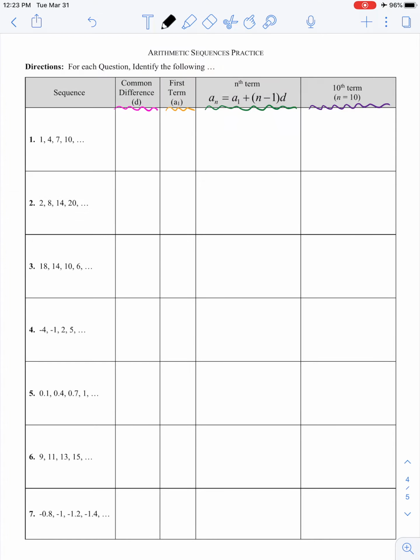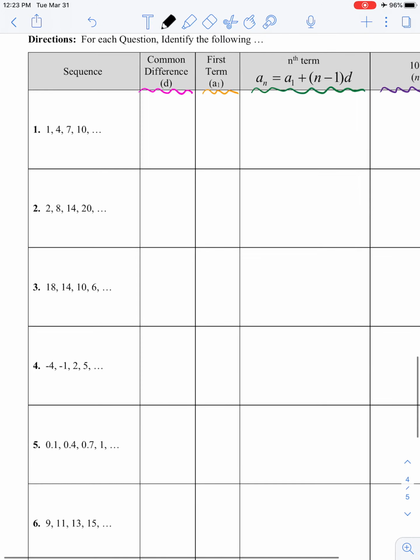Okay, so let's take a look at these and go over them. If you look at question number 1, you have your first sequence. Your common difference is a 3. So you're adding 3 to get from 1 to 4, or 4 to 7, or 7 to 10. So my common difference is a 3. My first term is a 1.